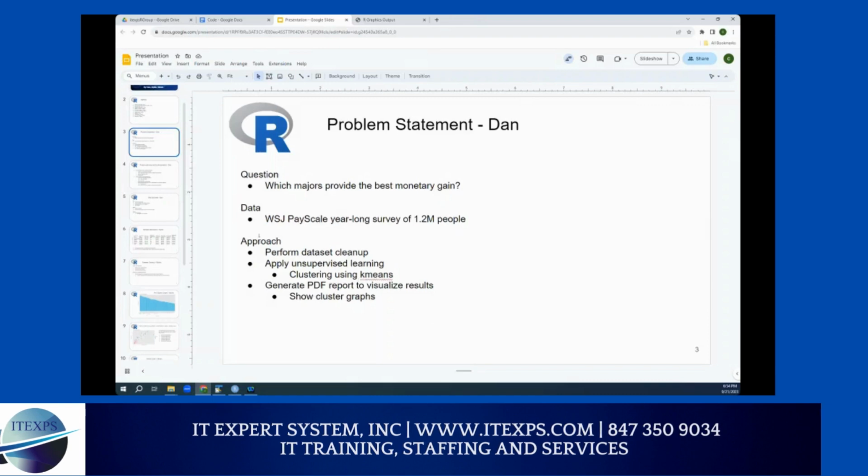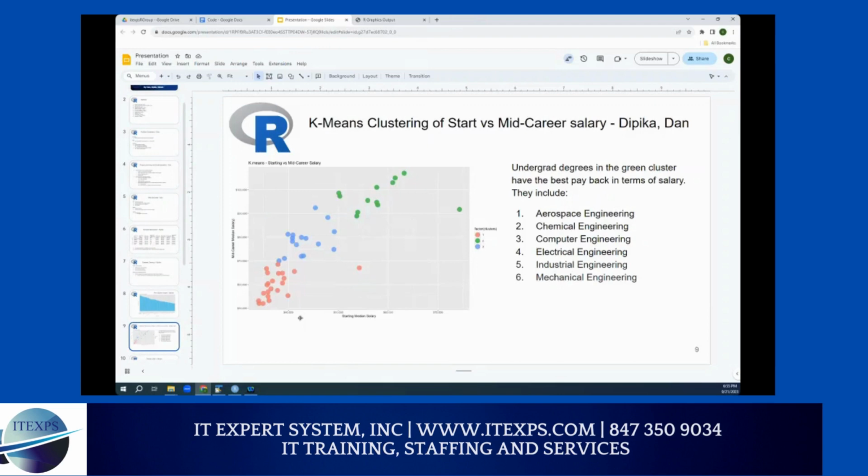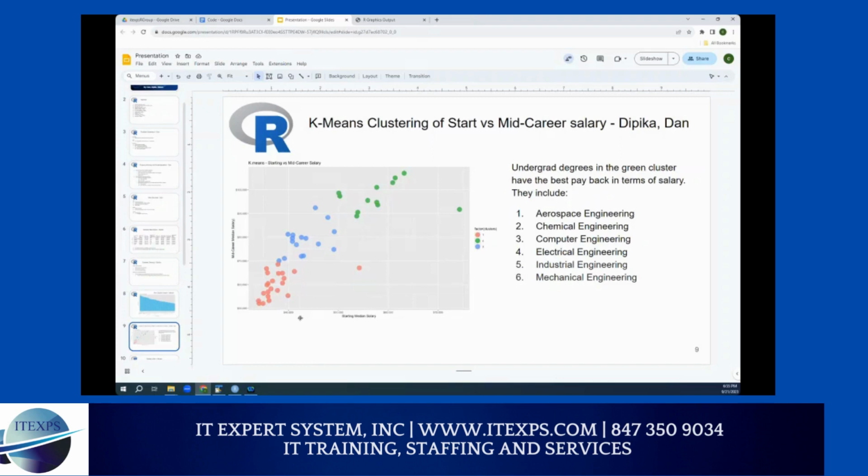So now maybe anybody can answer. Can you go to slide number 9? In slide number 9, you have 3 clusters, and I think, Deepika, you were explaining that you used 3 centroids. What was the reasoning behind selecting 3 clusters?